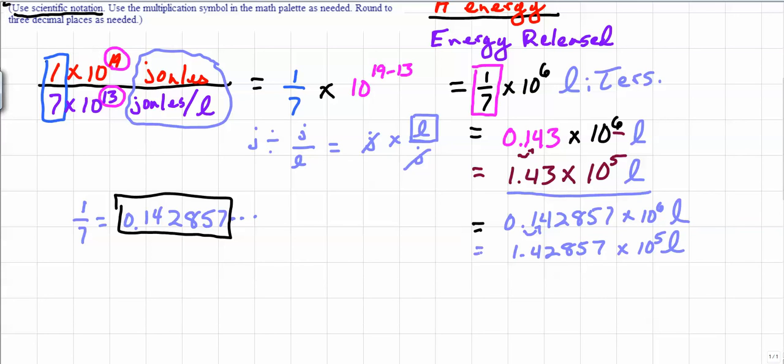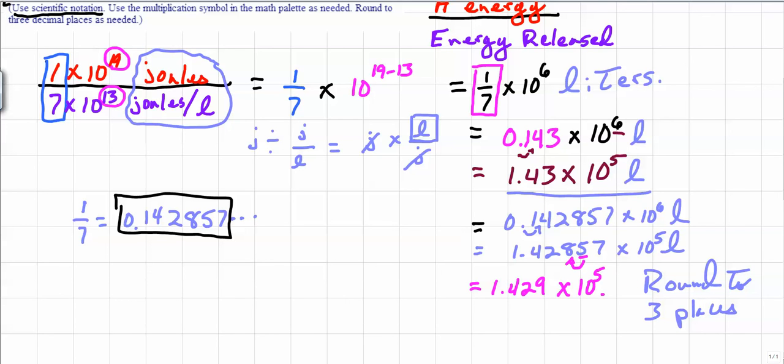And now we'll round to 3 places, which means that when I look at this 5 is going to affect that 8, and I end up with 1.429 times 10 to the 5th liters. While this is an acceptable value, this would be the value that MyMathLab is looking for.